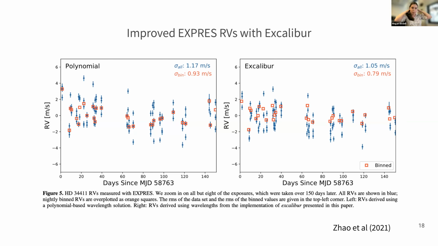So I like this example of the Excalibur method for EXPRES because I think it is an illustration of how we can treat systems that we don't fully understand or aren't feasible to forward model, like the extremely complex state of the spectrograph's inner workings, as a latent variable and engineer it so that the data that we have tell us the important things about the spectrograph without needing to fully forward model everything that's going into it.